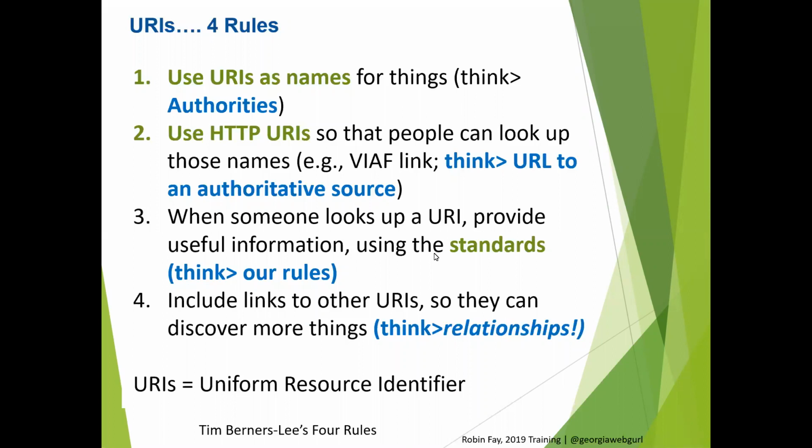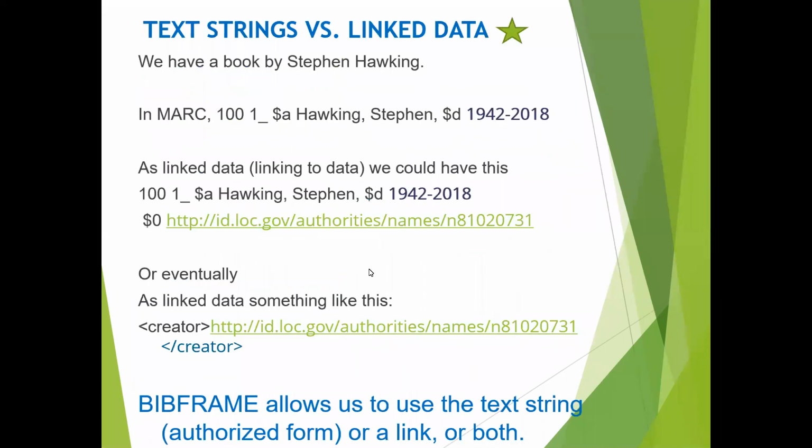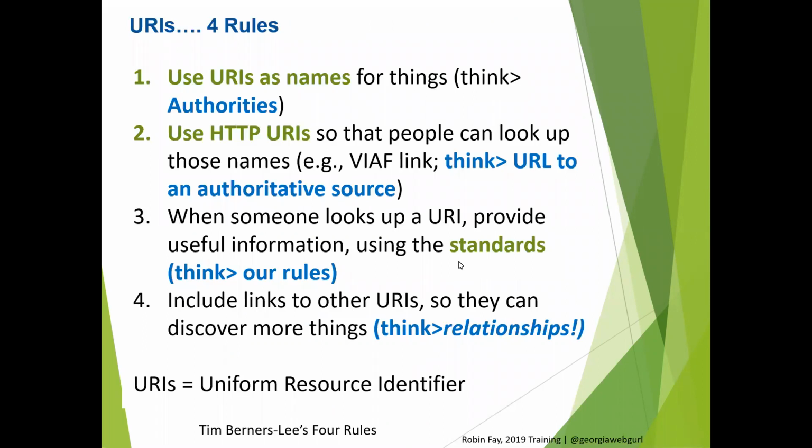Use HTTP URIs so that people can look up those names. Now he said people, but we know that more than people, it will probably be the system. So, all right, we got that one right.